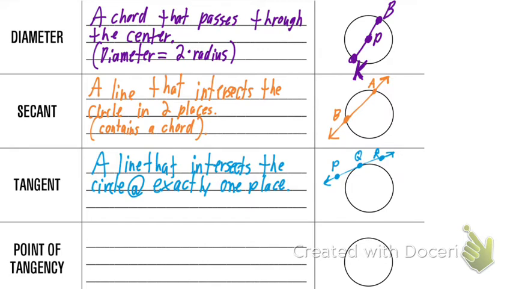Let's talk about the point of tangency. The point of tangency is the point at which the tangent line intersects the circle.